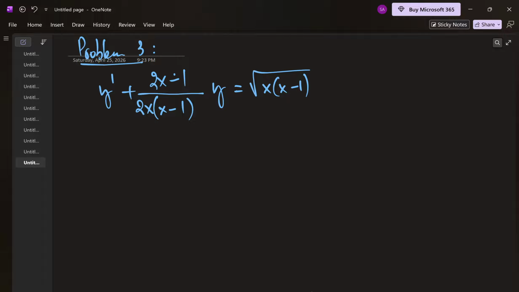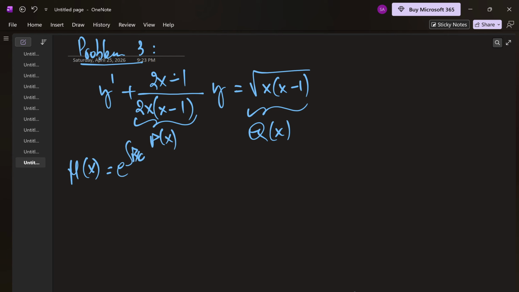So let's do this in the same way, with the integrating factor. Notice that this is p of x and this is q of x. In order to calculate the integrating factor, the integral of p dx, we need to decompose p into partial fractions.